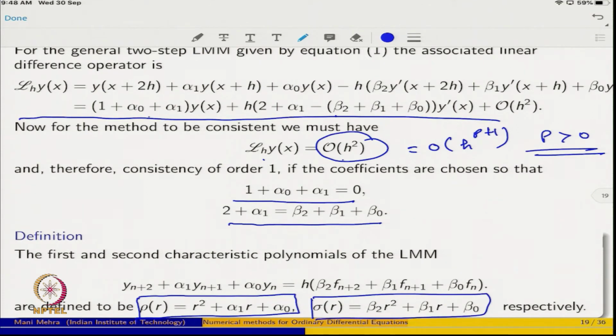Why are we calling them the first and second characteristic polynomial? Because we wanted to redefine this condition in terms of characteristic polynomials, which is easy to remember and good for doing some analysis. So, the first condition becomes rho(1) is equal to 0.